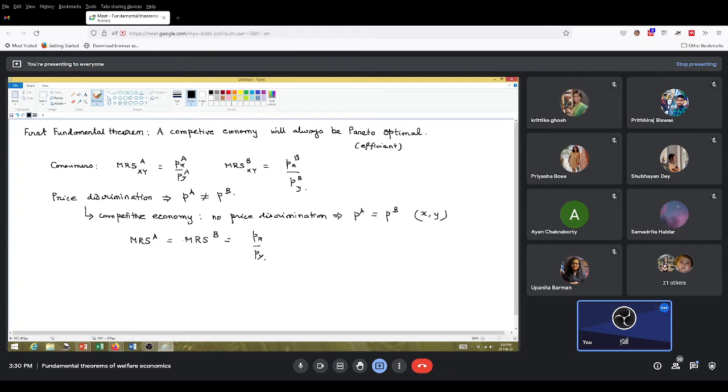So we are going to have this condition, which is the first Pareto optimal condition. So if you have utility maximizing individuals, then in a competitive market there is no price discrimination. So individuals are going to be in equilibrium when MRSA equal to MRSB is equal to the common prices. Okay. So automatically this condition is satisfied. Okay.